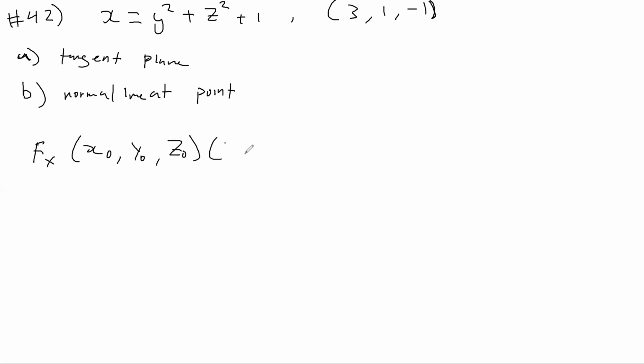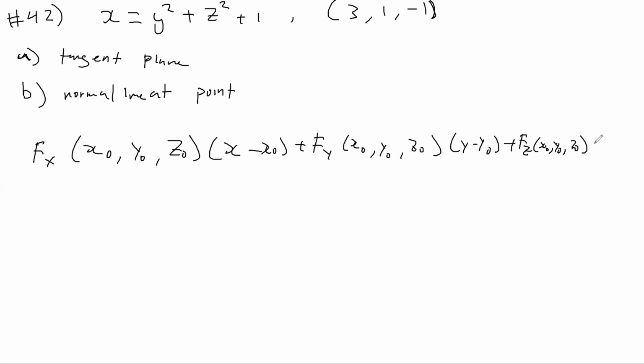I'm just going to write it down first: f sub x at x naught, y naught, z naught times x minus x naught, plus f sub y at x naught, y naught, z naught times y minus y naught, plus f sub z at x naught, y naught, z naught times z minus z naught, which is equal to 0.